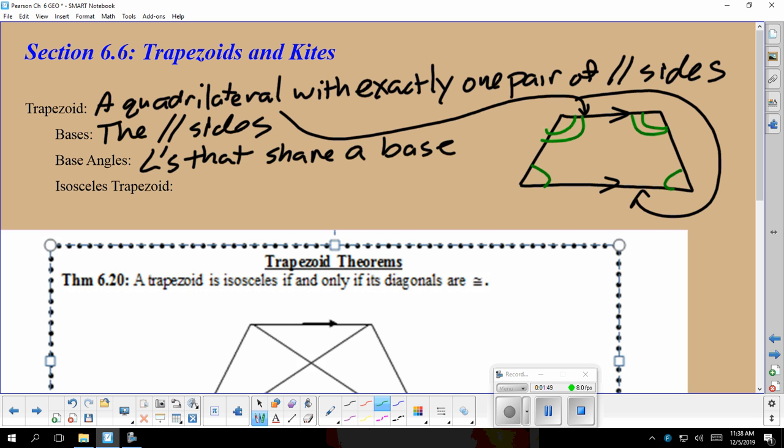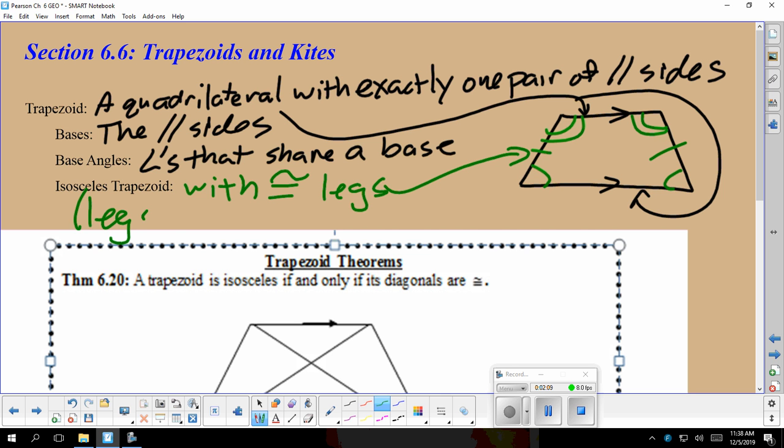So an isosceles trapezoid is a trapezoid with congruent legs. The legs connect the parallel bases.